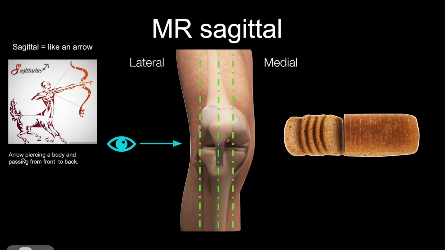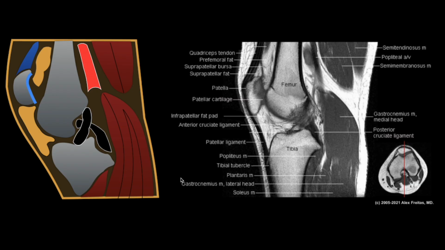We need to try to imagine that an arrow is piercing a body and passing from front to back. Here is a picture of the MRI and the schematical depiction. I just want to mention that it is a schematical picture, so it is not 100% the same as it occurs in the body. And this is the level where the cut is made.